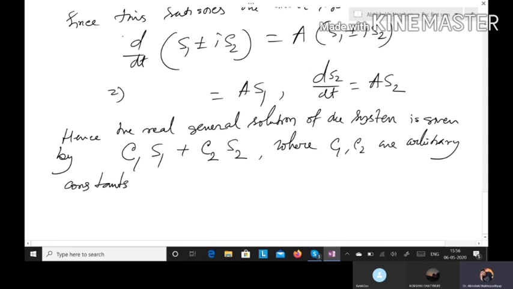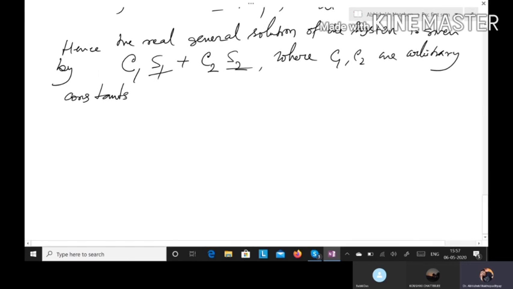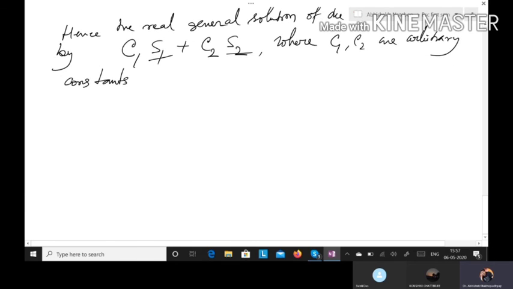So the real general solution of the system is given by this. That is, we see that this is one solution, this is the other solution. So just taking the linear combination of these two solutions constitutes the real general solution of the system.